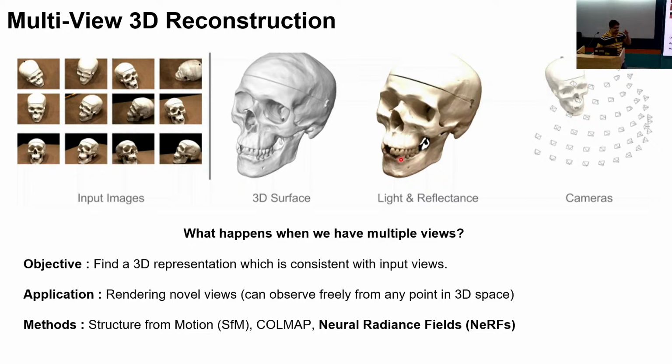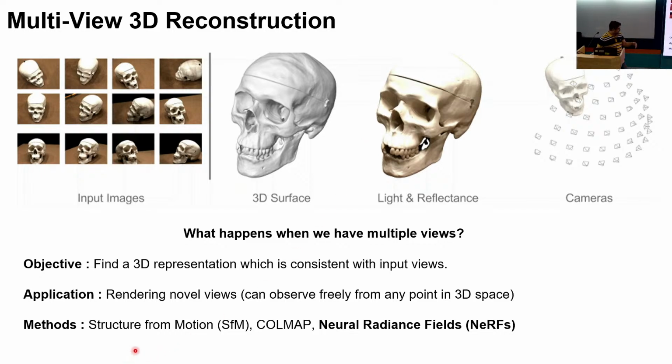In some way it is also an inverse graphics problem, because you have some RGB with you and you want to get the graphics part of it, like how the light is falling onto that particular 3D model, and what the structure of that particular surface is. So it falls in the category of inverse graphics.